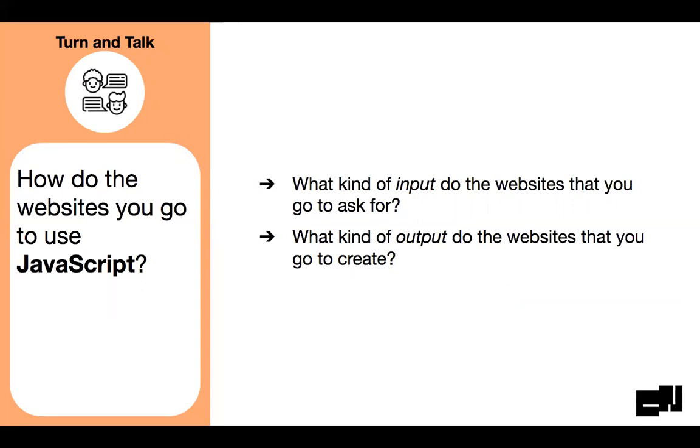So let's think about that, right? You could have thought of a lot of different examples, but let's say that we're using Netflix on our computer. When you're on Netflix, you might see a picture of the movie or TV show that you want to watch, and you would click on it. So you clicking on that movie or TV show is your input. What's the output then?